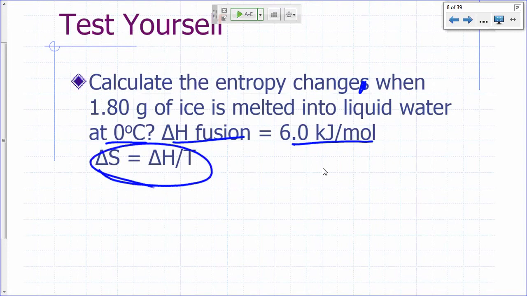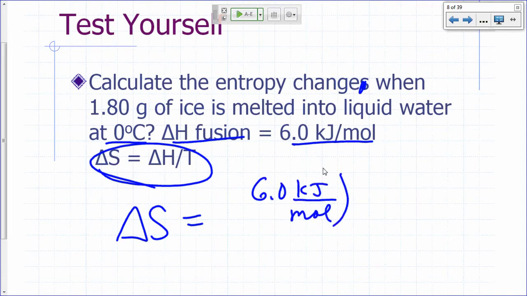If you remember, at constant temperature and constant pressure, your delta S will just be equal to delta H over T. So delta S in this case, what's our delta H? 6.0 kilojoules per mole, but we don't have a mole. How many moles do we have?